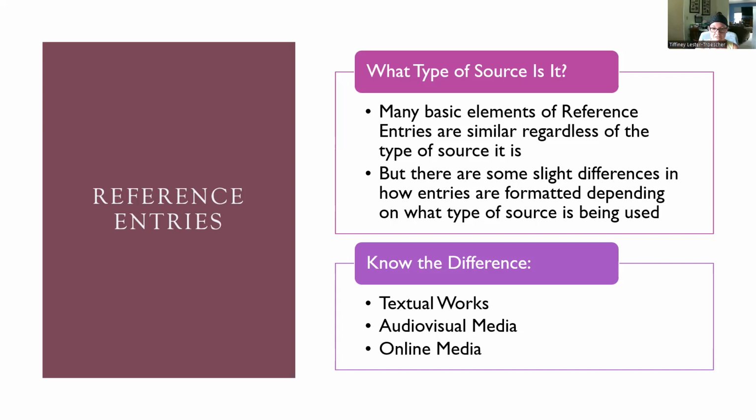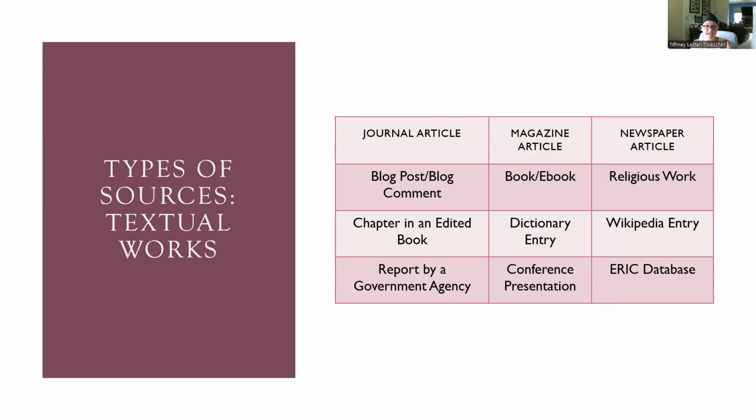Okay, let's take a look at what we mean by that. Textual works. These are things like journal articles, blog posts, chapters in an edited book, magazine articles, actual books, dictionary entries, Wikipedia entries, religious works, newspaper articles.